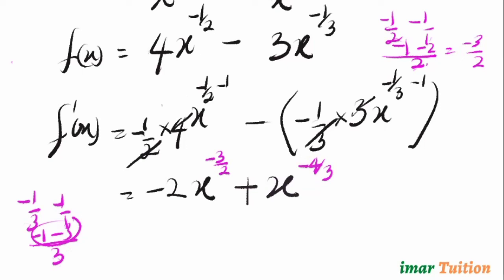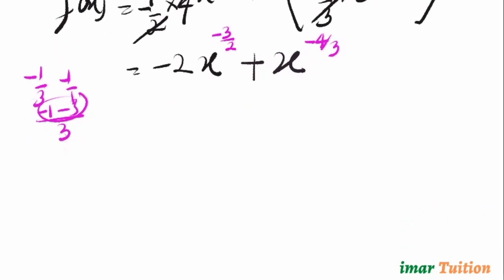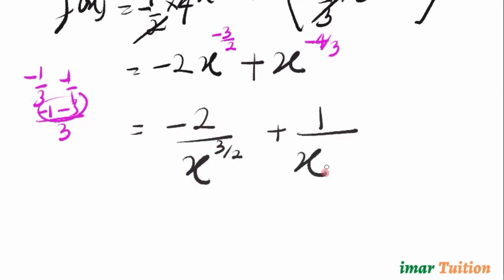Going forward, our f prime of x is equal to, if you take this one down, it becomes minus 2 over x raised to the power 3 over 2, plus, you take this one down, 1 will be left on top over x raised to the power 4 over 3.